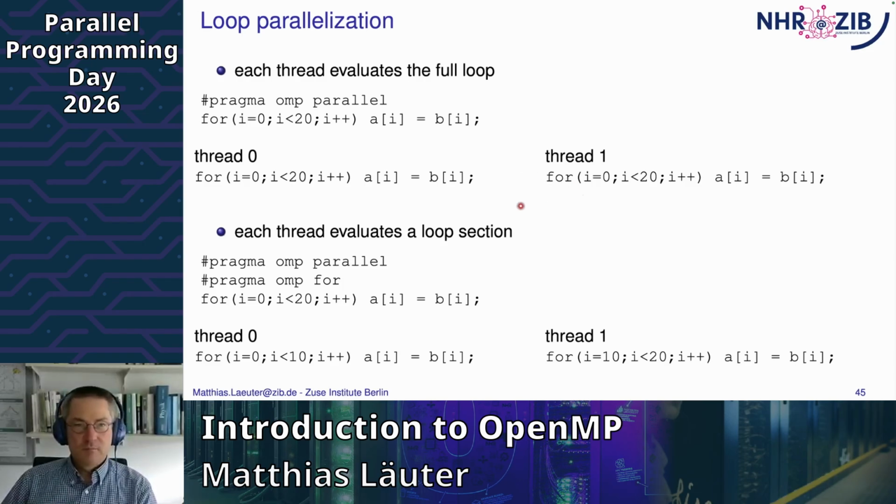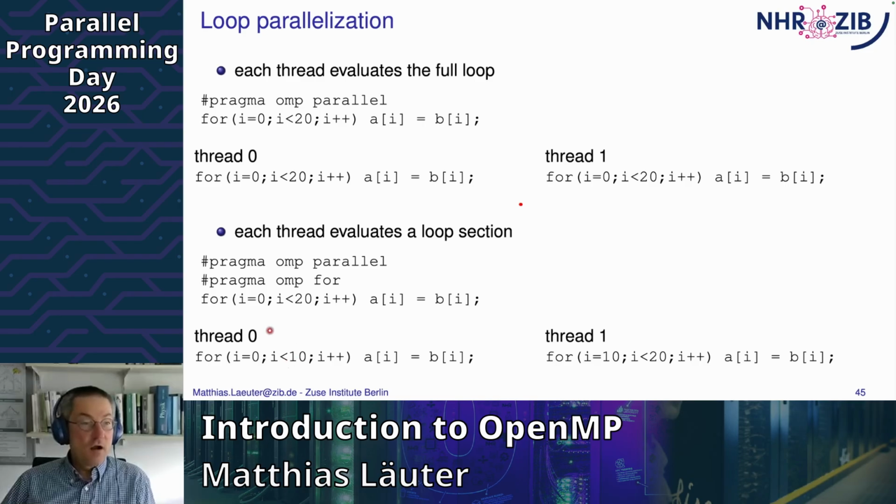But how can you distribute the work? You need to add a second pragma, not only OMP parallel but OMP parallel for. This pragma tells the compiler, please distribute the work to the 2 threads.